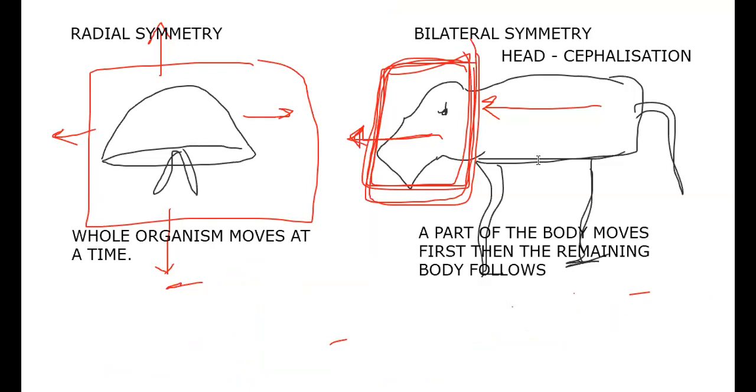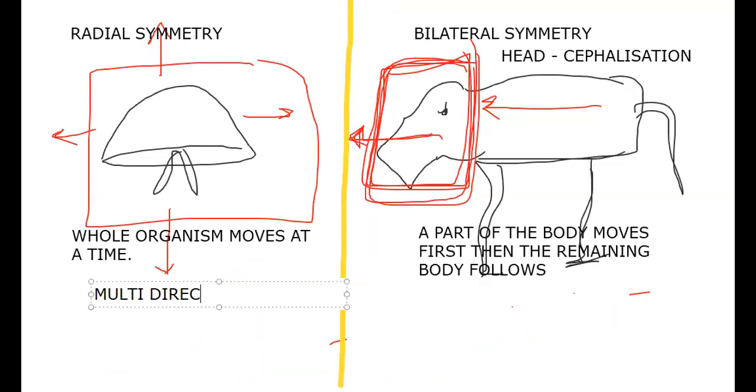Let me show you a little more clearly. The radial symmetry and bilateral symmetry that we discussed: there is multi-directional movement in radial symmetry, which is a very important and unique issue. Here, the specialty is unidirectional movement.